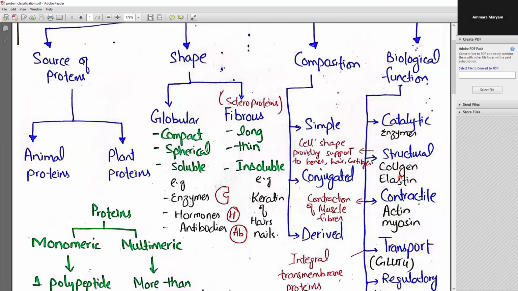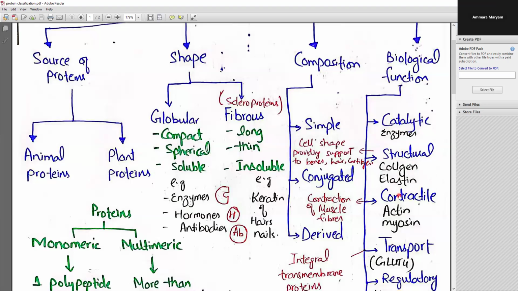The structure of the hair and the nails is maintained by keratin. Collagen is important in the structure of the bone. So what is the role of structural proteins? They provide cells a particular shape. They have a supportive role. They provide support to the bones, the hair, and the cartilages.